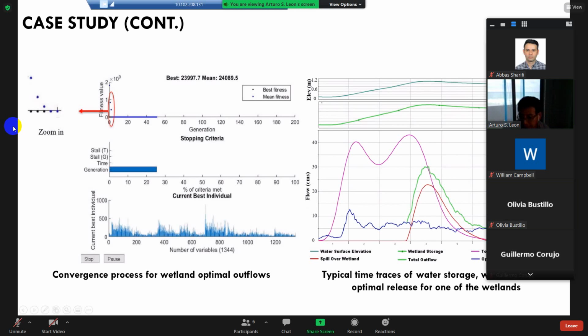Dr. Leon? Yes, please. By the way, have you used MATLAB in combination with EPA SWMM? Yeah, we can use that, but I haven't used it. The code I wrote is for HEC-RAS and HEC-HMS. So we can do it automatically. It's not only running, but you have to change the values of HEC-RAS and HEC-HMS in real time.